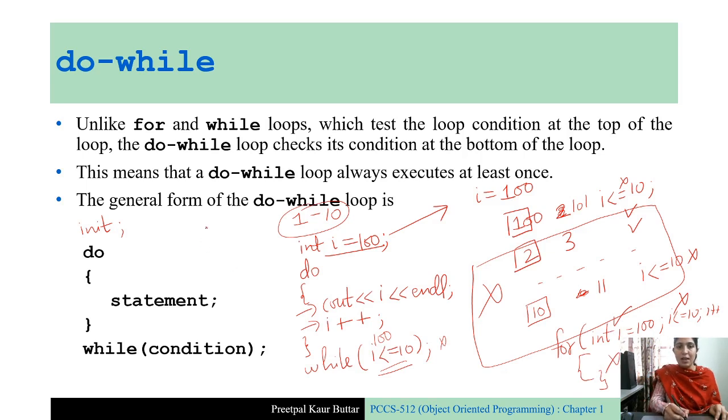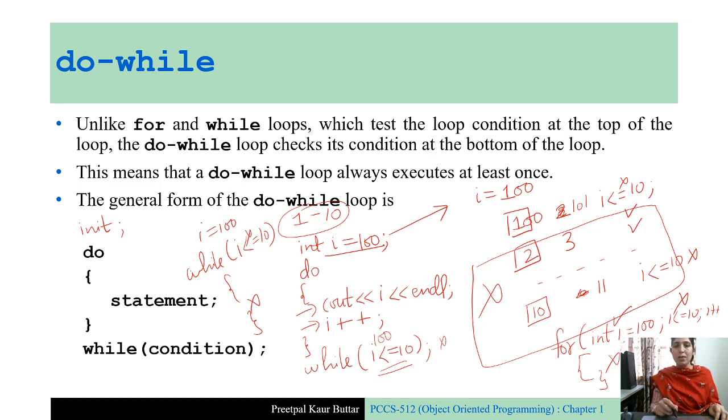We initialize i equal to 100 and then we have the while loop with the condition i less than equal to 10. The condition is false initially, so the loop will not be executed. But in the case of do while, the loop will be executed at least once. So this is the difference between the do while loop and the for and while loops.